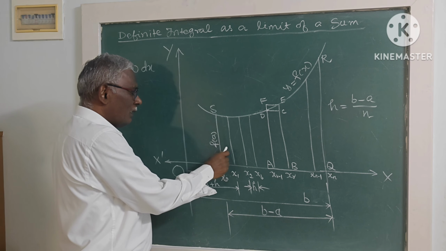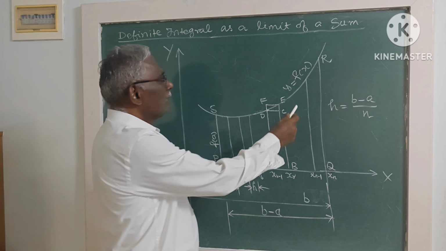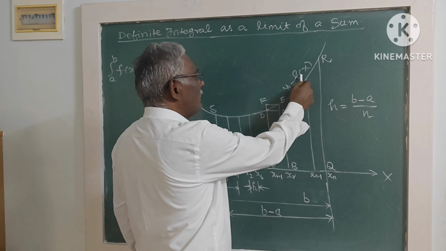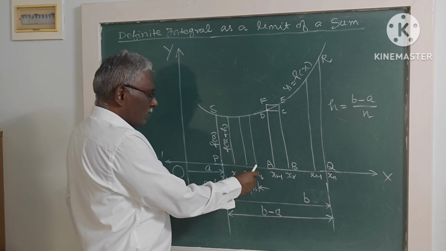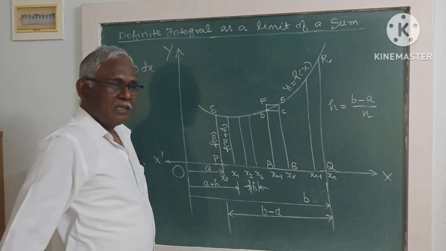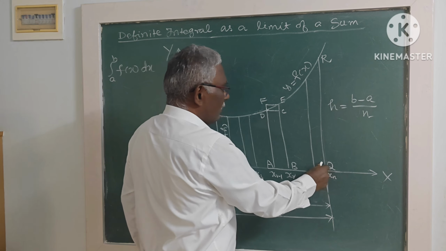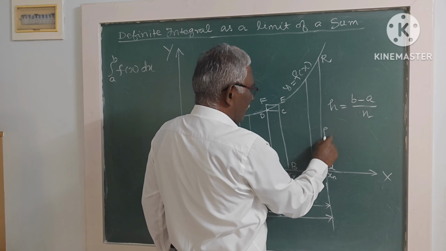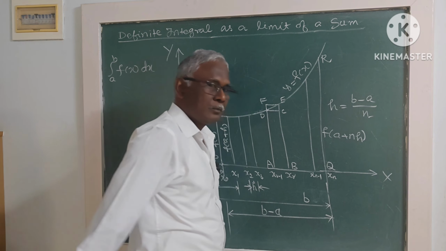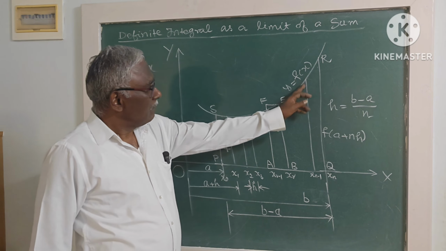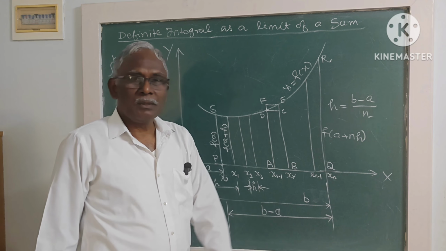It is nothing but, when x is a plus h, y is f of a plus h, f of a plus 2h, f of a plus 3h, and so on. And RS is nothing but f of a plus nh. What is the value of this one? It is nothing but f of a plus (n minus 1) times h.